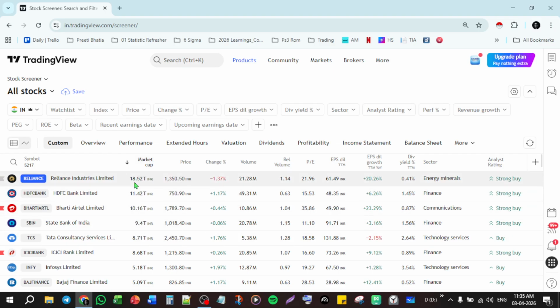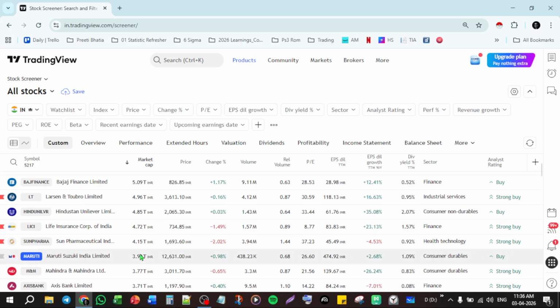Now, if you see, the market is showing you in descending order, whoever is on the top. Reliance is at 15 trillion market cap. Then you have HDFC, then Bharti Airtel and all that.